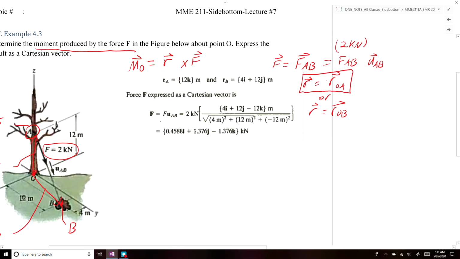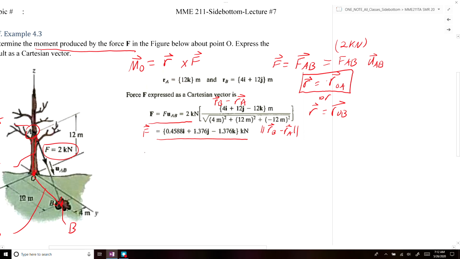So to save some time here, I included this calculation of our position vector from point A to point B, which is just equal to position vector B minus position vector A, divided by the magnitude of RB minus RA. If you evaluate all that out, this would be your force vector as a Cartesian vector.